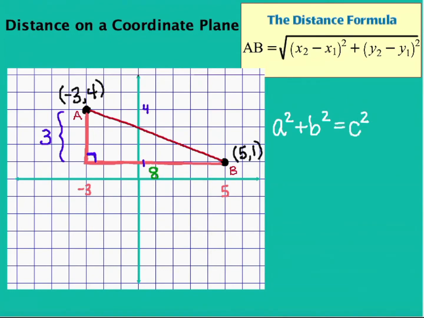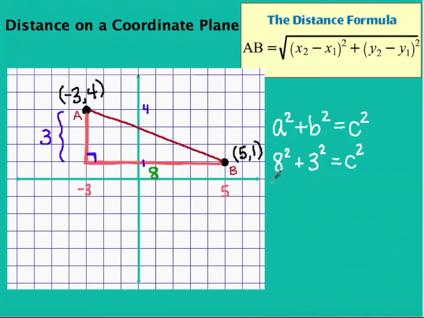And remember that c squared has to be the hypotenuse of the triangle, so that slanty piece that we're looking for. So we're just going to take our two lengths, and really the order doesn't make much difference, but I'll put the 8 right here. We're going to take our 8 from that triangle and our 3 from that triangle, and those two lengths should help us determine that slanty length.